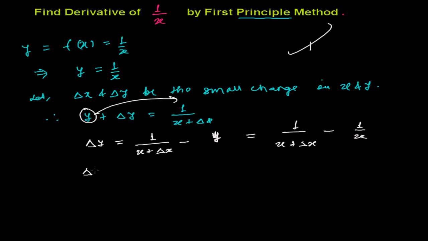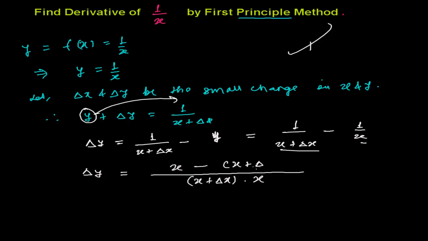Now delta y equals, taking the LCM of x plus delta x and x, x plus delta x times x. When x plus delta x divides the whole quantity, I am left with x, and minus, when x divides the whole quantity, I get x plus delta x, in the bracket.